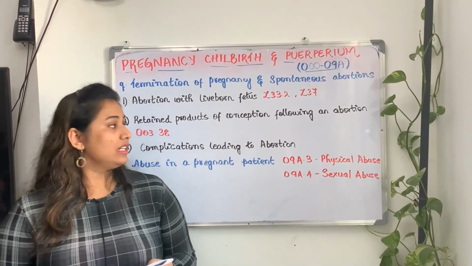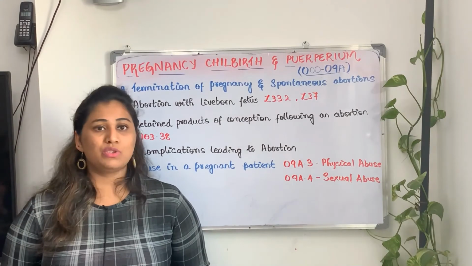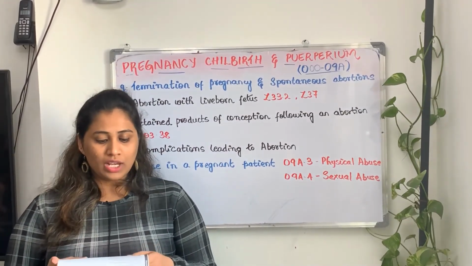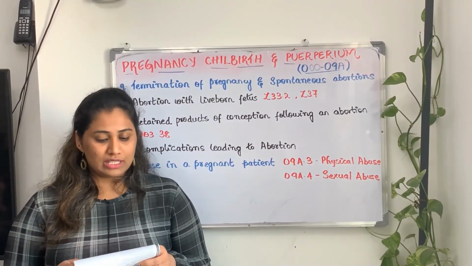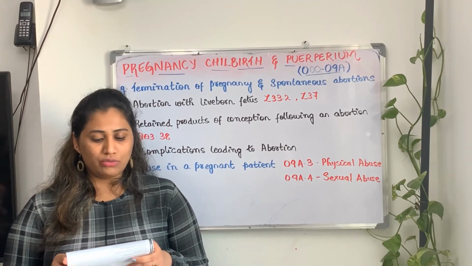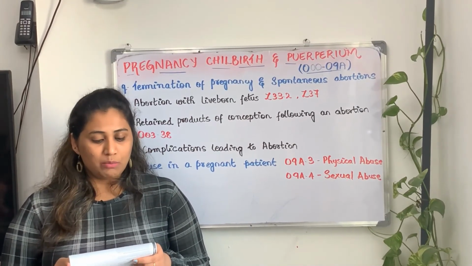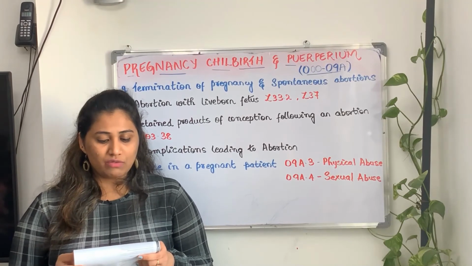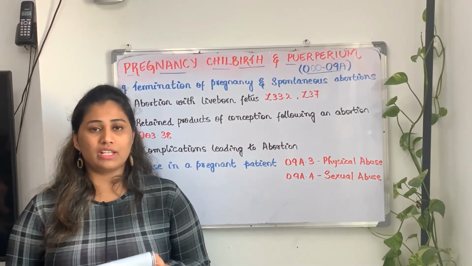And the second guideline is retained products of conception following an abortion. In this one, the example given is: patient was seen 2 days ago for complete spontaneous abortion, but returns today for UTI with ultrasound showing retained products of conception.